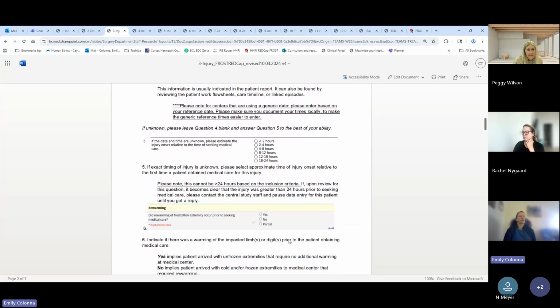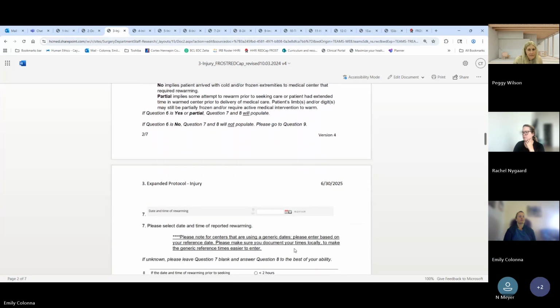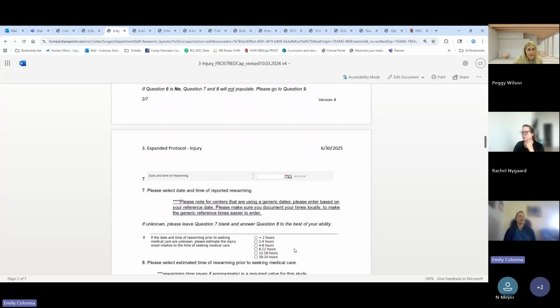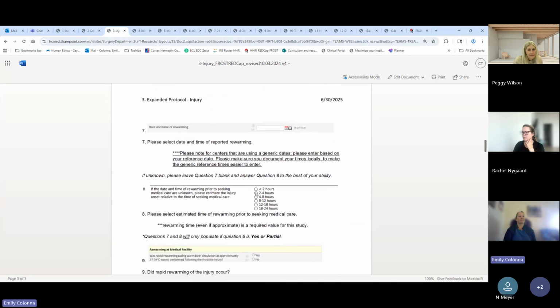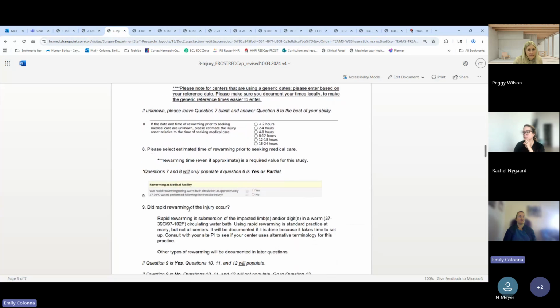Was rewarming done prior to seeking medical care? If yes, the date and time. You can estimate on that as well. And then this question is getting at rapid rewarming, specifically looking at a circulating warm water bath.